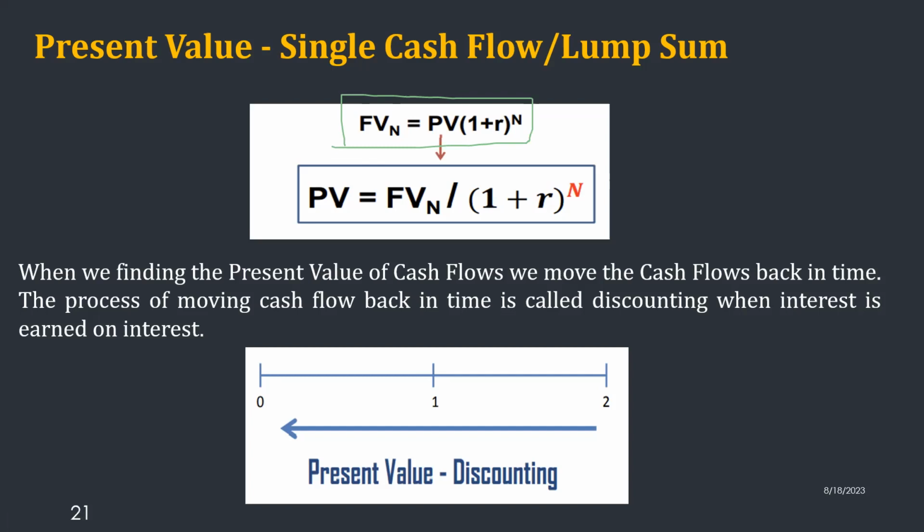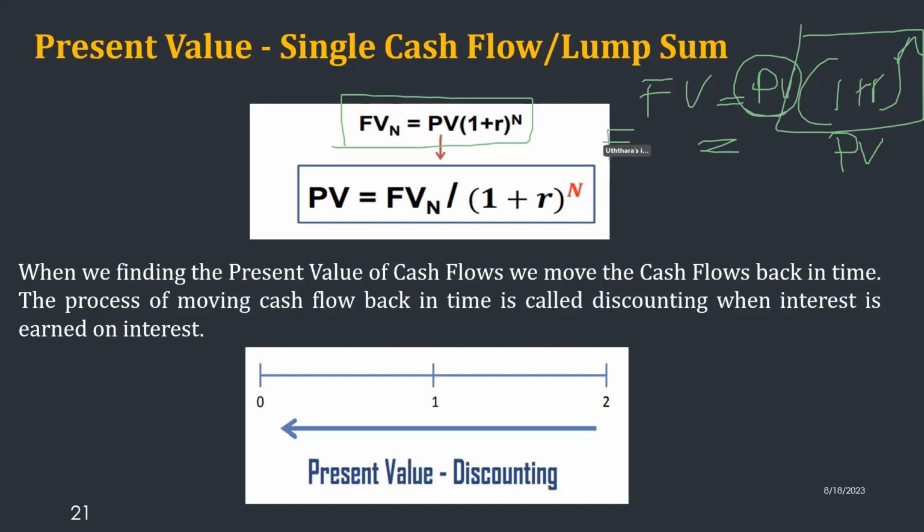When you are calculating the present value, the same formula can be rearranged. If FV equals PV times 1 plus r to the power n and you are solving for PV, you keep PV on one side and take 1 plus r to the power n to the other side. Then it becomes a fraction.